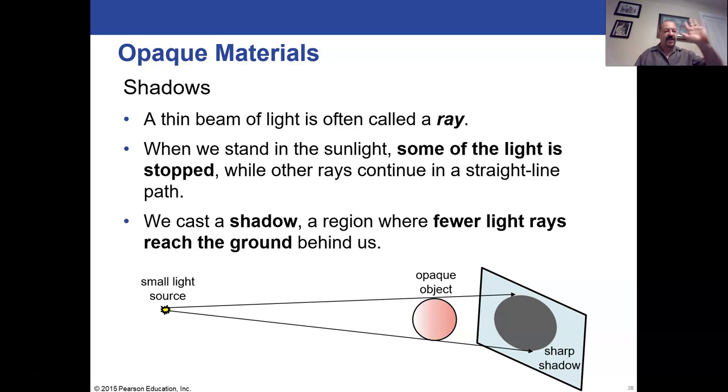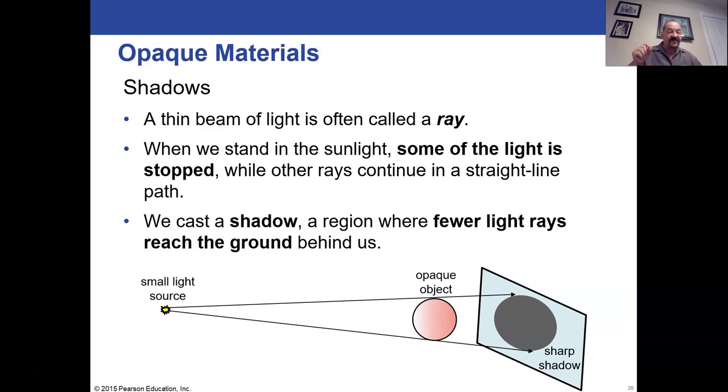And if something is blocking those, if you stand in the way, or we hold an object in front of a lamp or the sun or whatever, some of that light is not going to make it past that object. That straight line path of the rays will be stopped dead. As a result, anything on the other side of that object will have less light shining on it, and it will appear dark, and that's what a shadow is. I think we all know that.